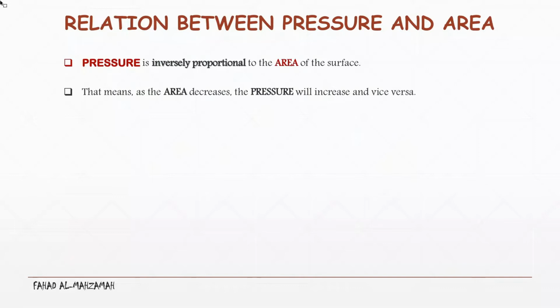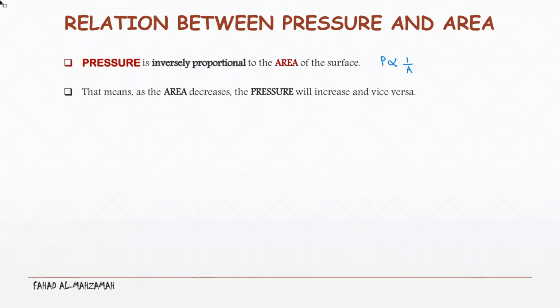Well, the pressure is inversely proportional to the area of the surface. What do we mean by inversely proportional? It means simply that pressure is proportional to the inverse of area.